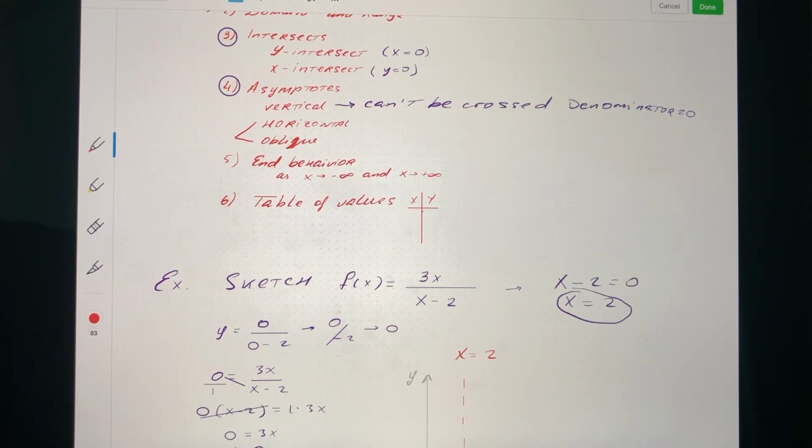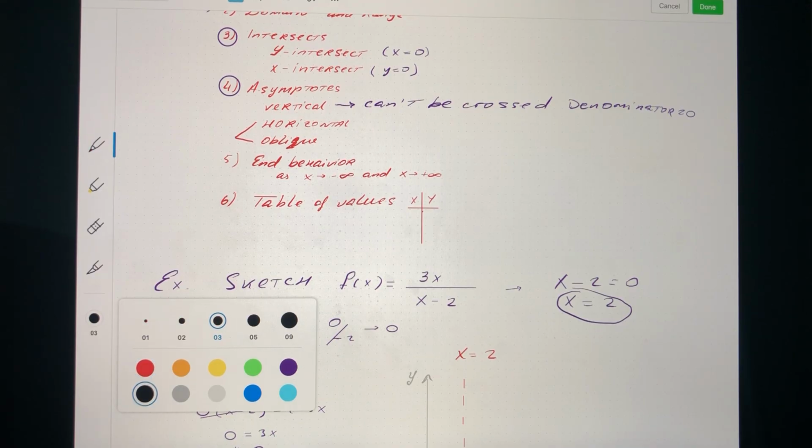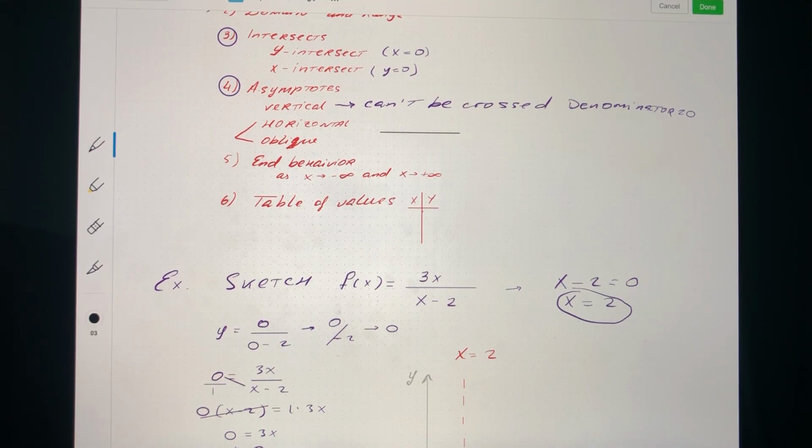Now for the other asymptotes, both horizontal and oblique can be crossed. For the horizontal, we look for the degree on the top and on the bottom. So we look at the highest power on the top and on the bottom, and we compare those numbers.